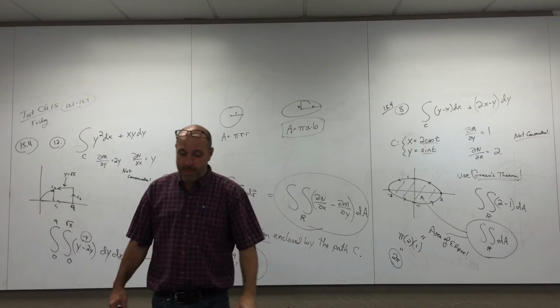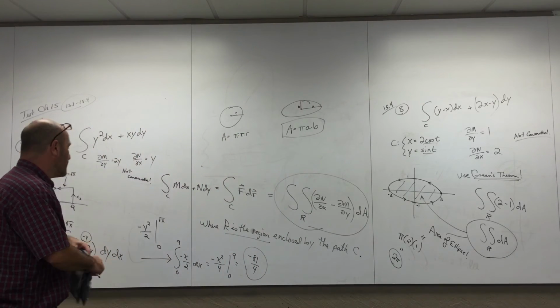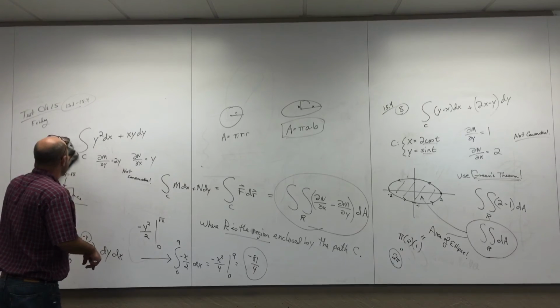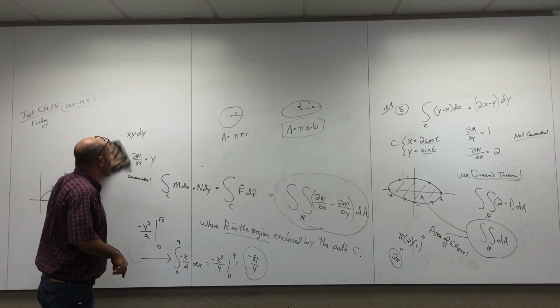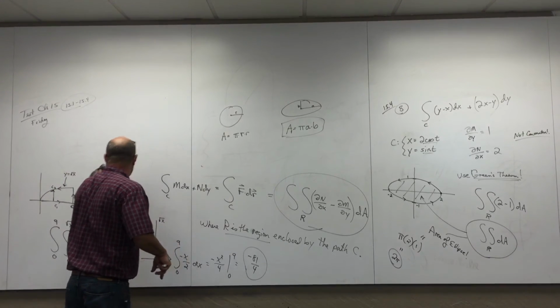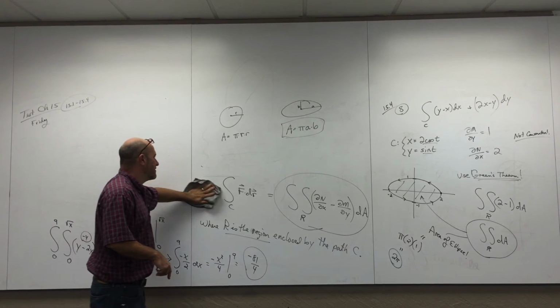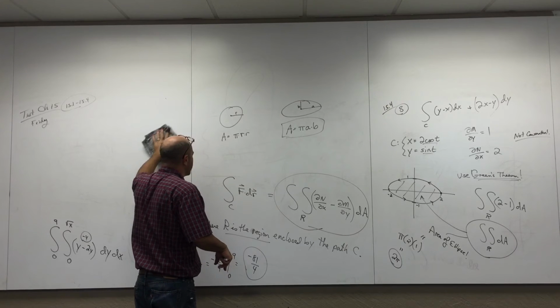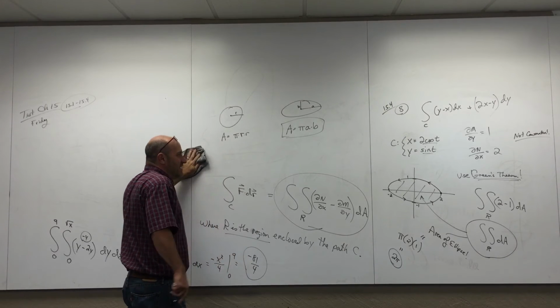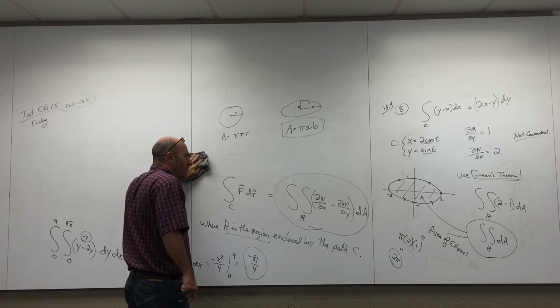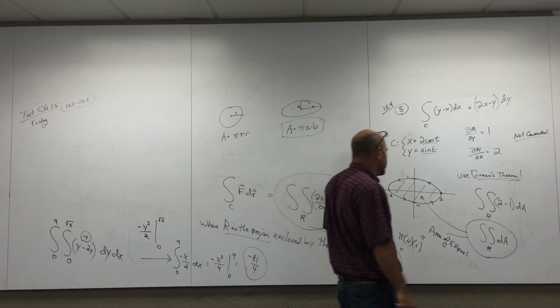Yes, sir? What if the x side of the vector f happened to be e to some function of x's and y's? How do we do it then? Well, okay, so you're changing the vector field.